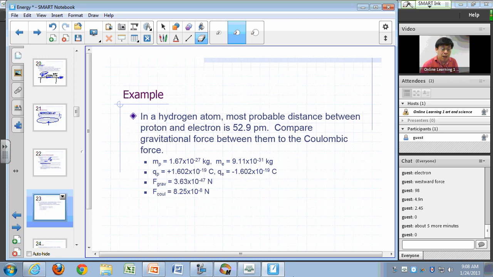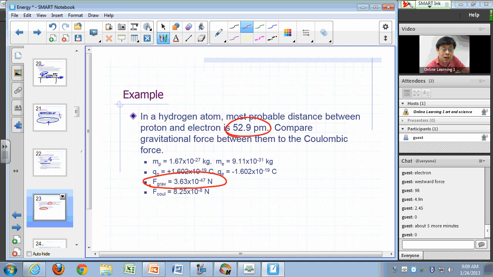If you were to compare the Coulombic force and the gravitational force in the case of hydrogen, using that formula we had earlier, you'll find the gravitational force between a proton and an electron at a typical distance is small.